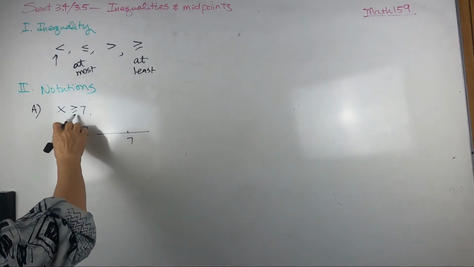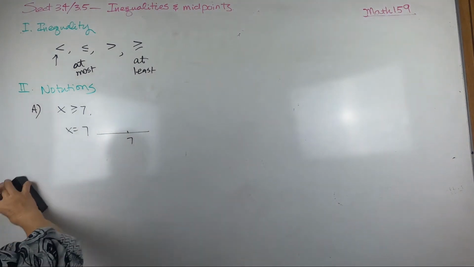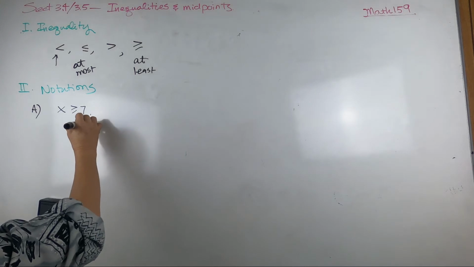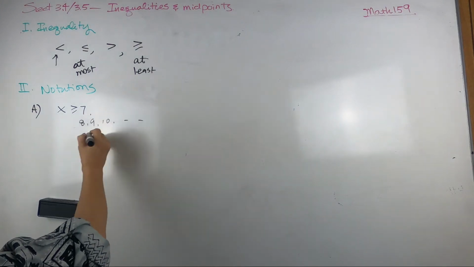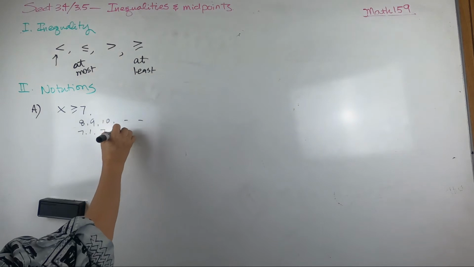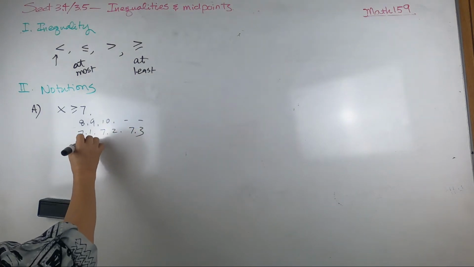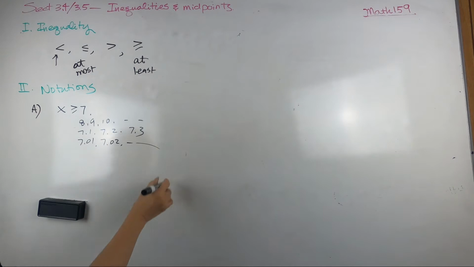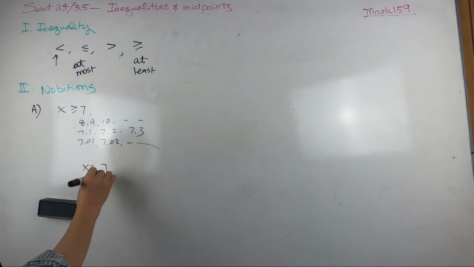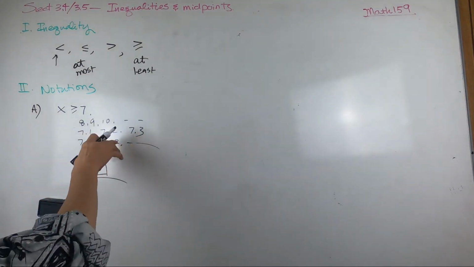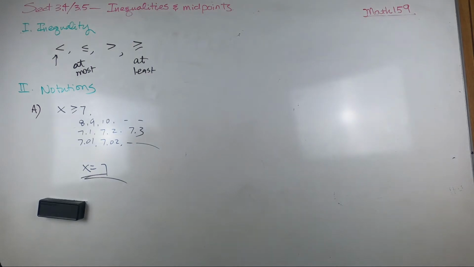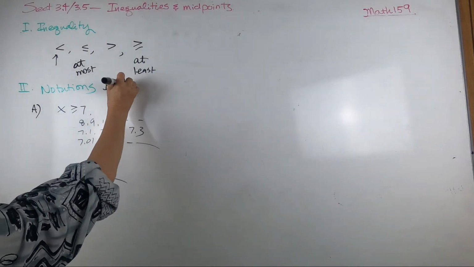But greater than or equal to may be 8, 9, 10, or 7.1, 7.2, 7.3, or 7.01, 7.02. A bunch of them. You cannot just show one number, x equals 7. It's many of them. How do you do it? You can only show it by graphing.